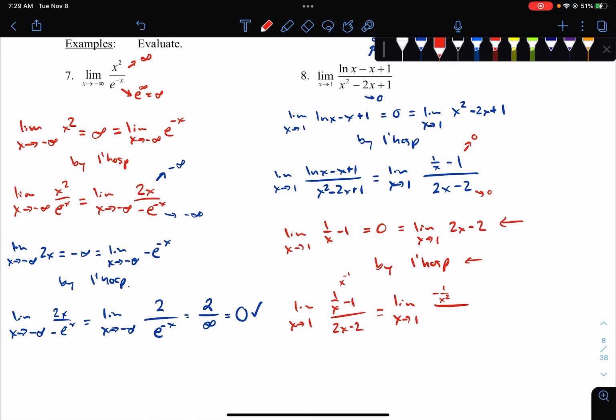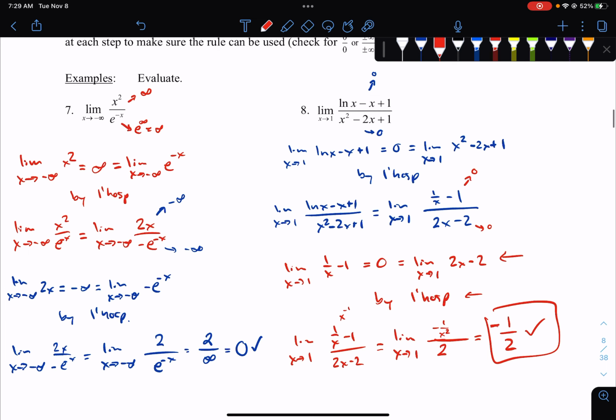The minus 1 goes away, and on the bottom, I get 2. So now I can easily just plug in the 1. I plug in the 1 on top, and I get negative 1 over 1, so I get negative 1 on top, and I get a 2 on the bottom. So my limit of that great big giant ugly mess is just negative 1/2.